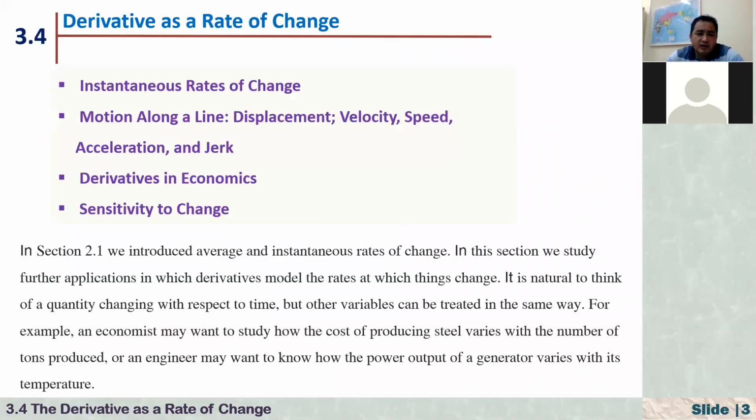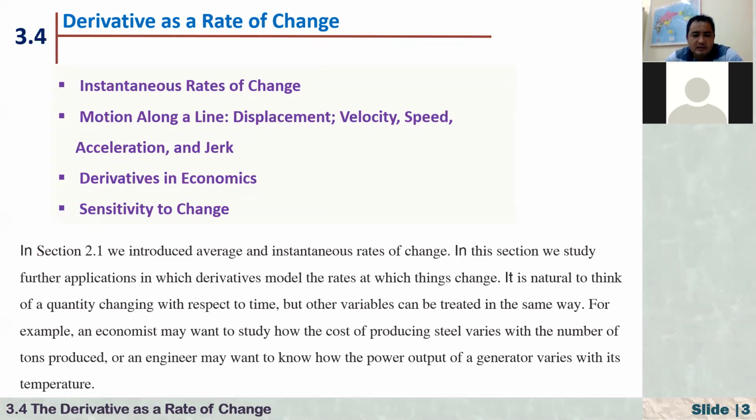So here what we have is instantaneous rates of change. Simply, instantaneous rate of change means the rate of change of a function at a single point. Then, motion along a line, either a horizontal line or a vertical line. If a point is moving along such a line, how can we find the velocity of that point?